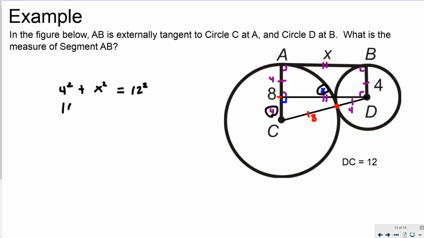So I get 16 plus X squared equals 144. So X squared is equal to 128. We're going to use an approximate answer. The square root of 128 is 11.3. So X is equal to approximately 11.3.